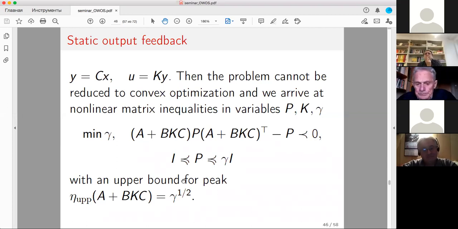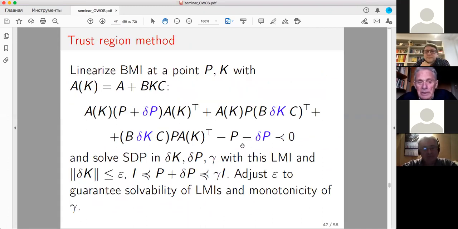Okay. But we see it's non-linear. Now it is a matrix inequality, but it's strongly non-linear in K and P. So how to solve it? Well, instead of the gradient method, we can use a more general form of it. It's a trust region-like method.